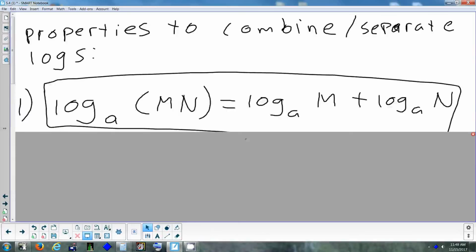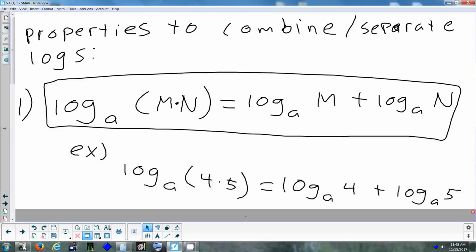So the first one is showing you if you have the log of a product. The logarithm of a product is equal to the sum of the logs of the individual factors. That's how you could say that. The log of a product turns into the sum of the logs of each individual factor, m and n.